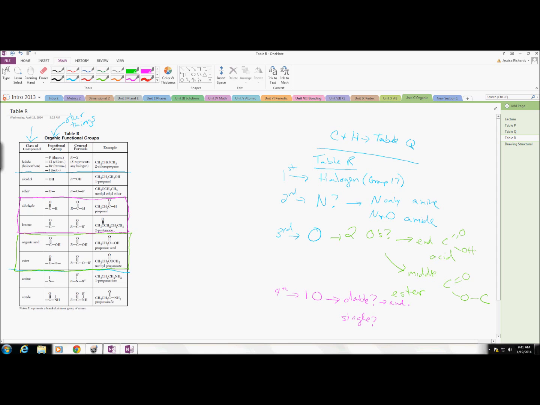So if your double bond is at the end, so we have C double bond O with just an H, then that's going to be an aldehyde. And if it's in the middle, see the double bond O is off the top, and on either side you have carbons, and this is going to be the smallest one of these you can possibly make. This is called a ketone.